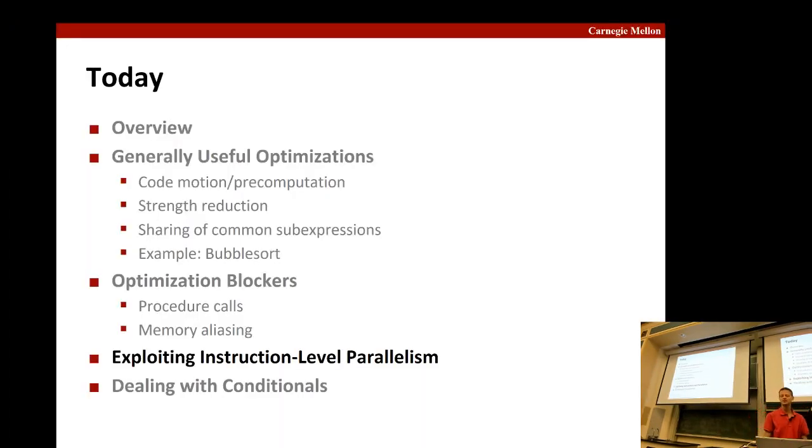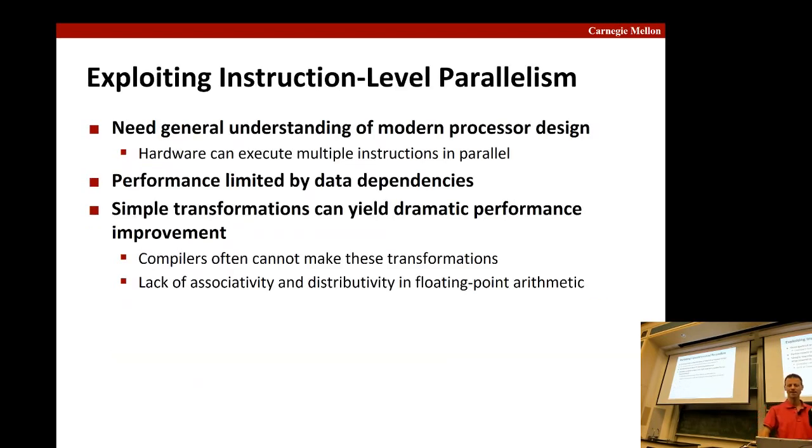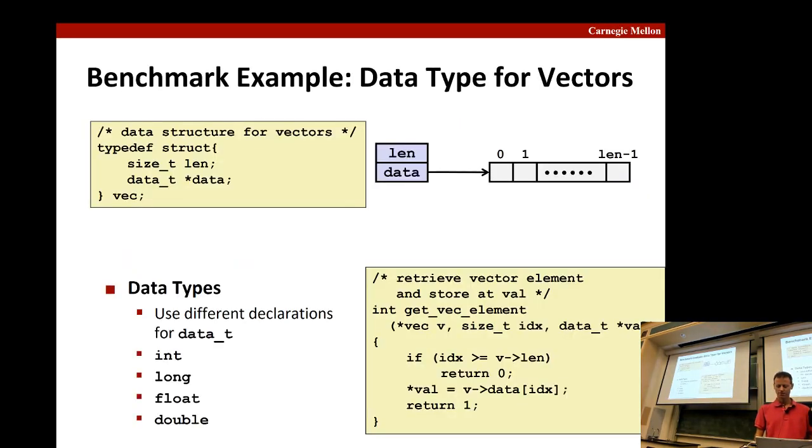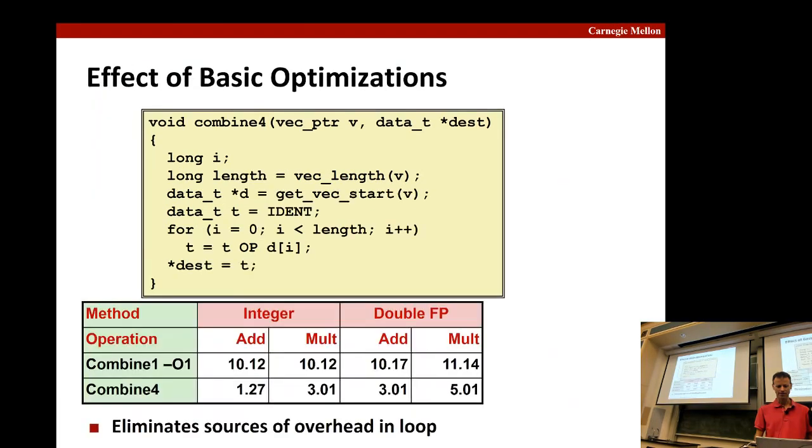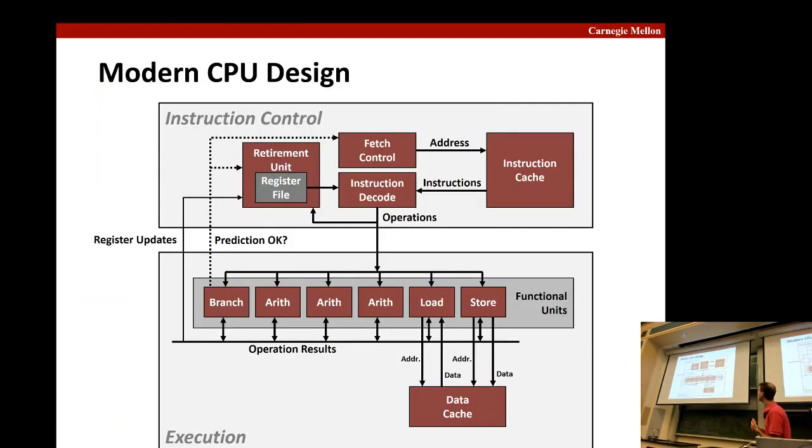Okay, so let's talk about instruction level parallelism. So this is the modern CPU design under the covers. You've got a cache holding recent instructions and speculating a little bit to fetch more instructions.